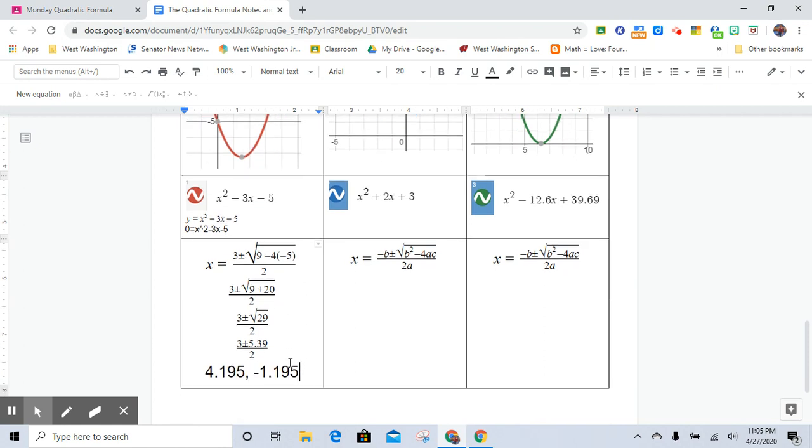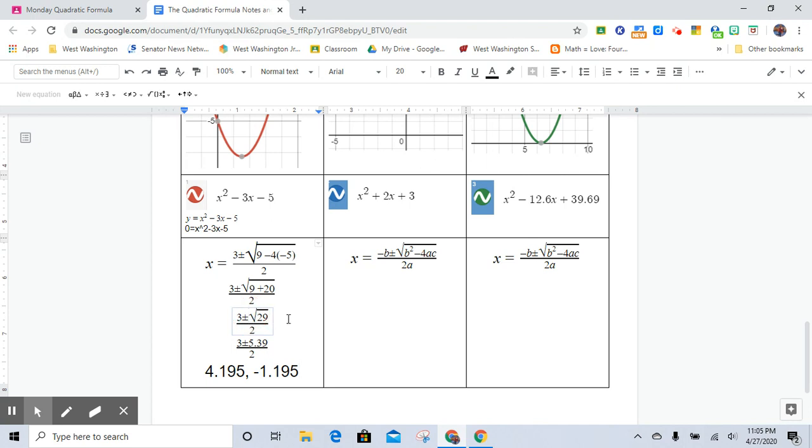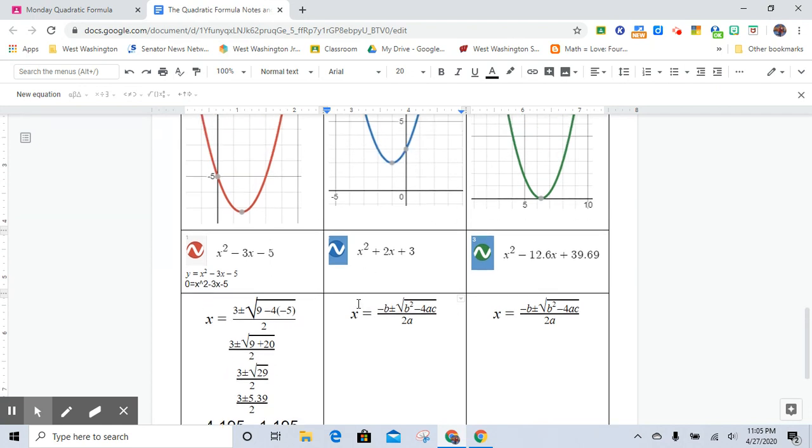So like over here, we knew that this was going to be an irrational number when we saw that this was the square root of 29. The square root of 29 is irrational. It doesn't have a nice square root. So that's how we knew that this was going to be an irrational set of solutions. Over here, what's it going to look like when there is not a solution? And so that's what we're going to look at.